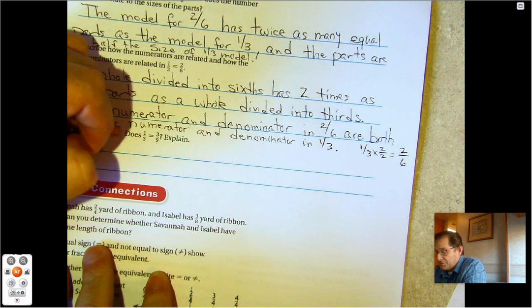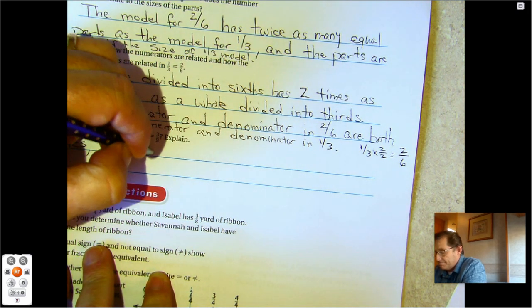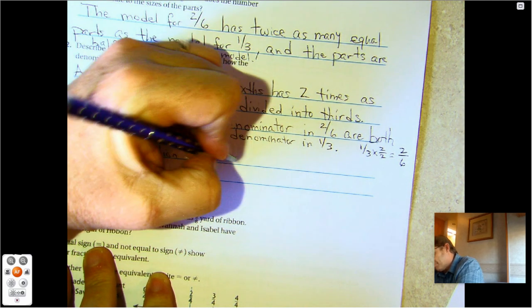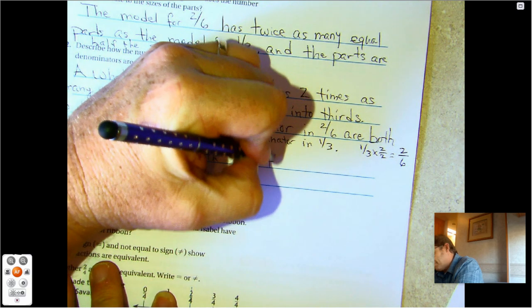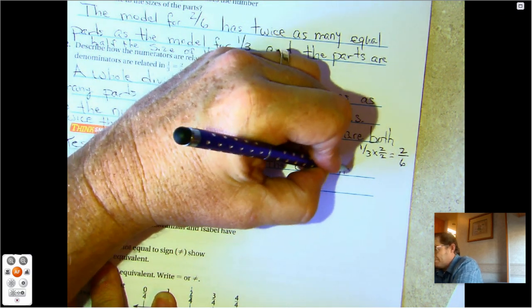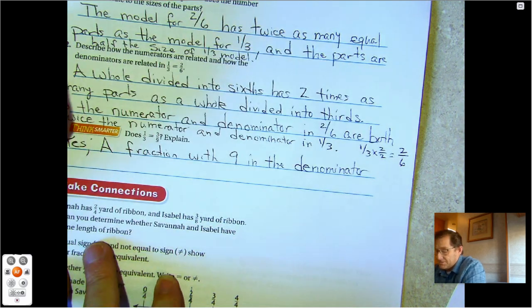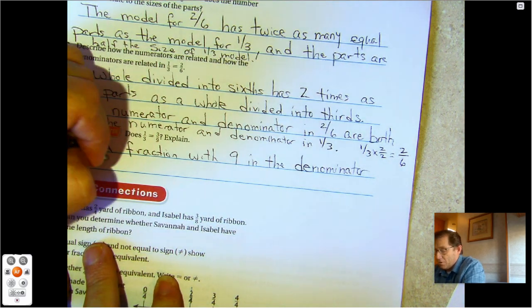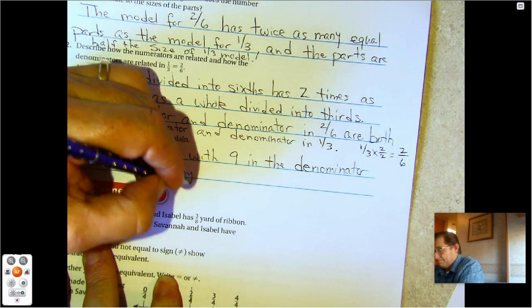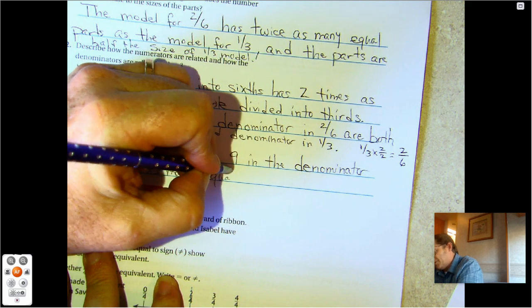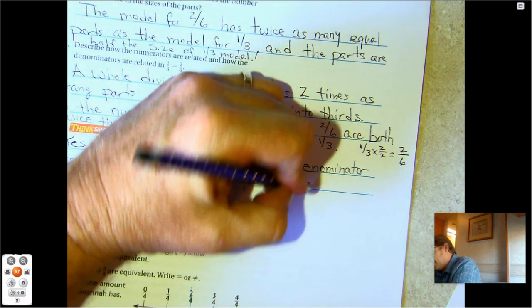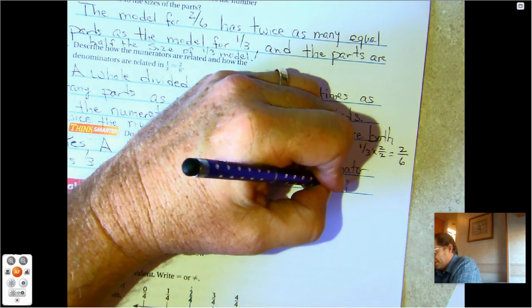Okay, a fraction with 9 as the denominator has 3 times as many equal parts as a fraction with 3 in the denominator.